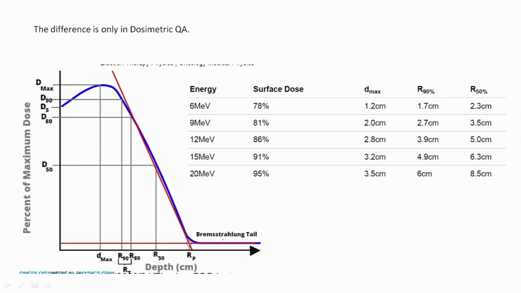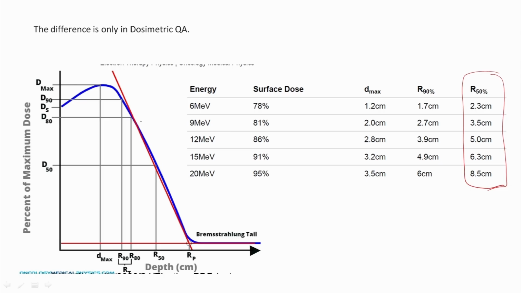Now what changes in the case of the electron beam? We have seen that for checking the beam quality index, you are required to measure TPR 20 by 10. But in case of an electron beam, the beam quality is checked by the value of R50. It is the range where the dose reduces to 50% of its max value. Look at the picture.